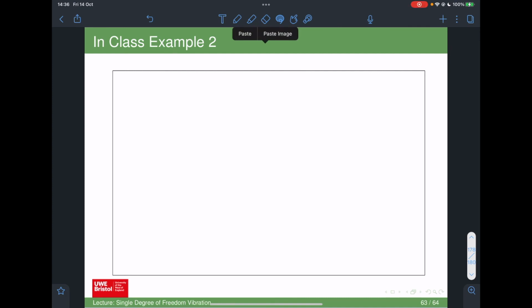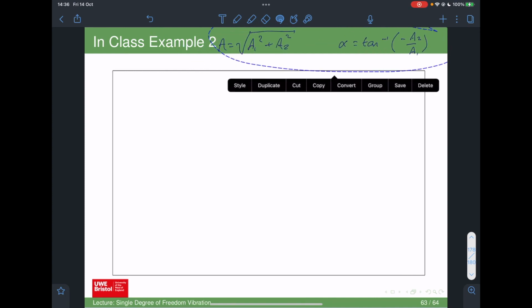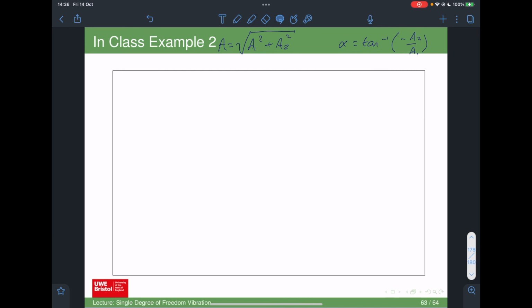Remember, I'm going to paste my values up there. That was what I had before. So since we know the initial conditions, x of 0 is x0, which is 0.05, and x dot of 0 equals 0. Okay, so those are our initial conditions.